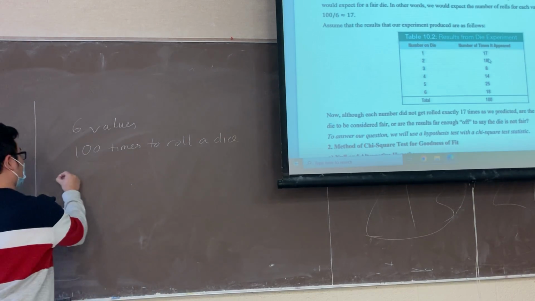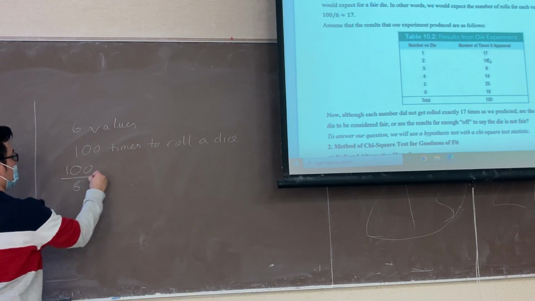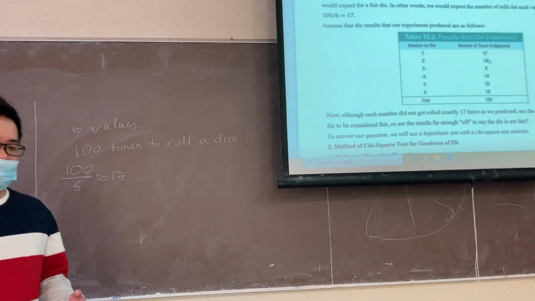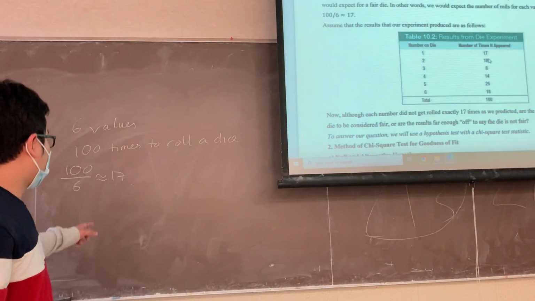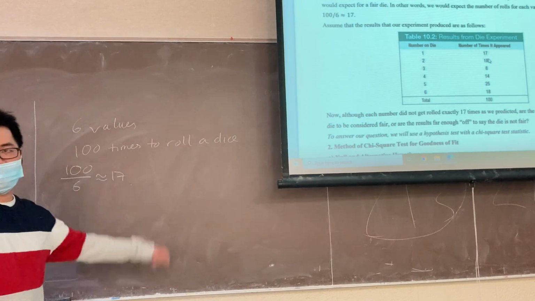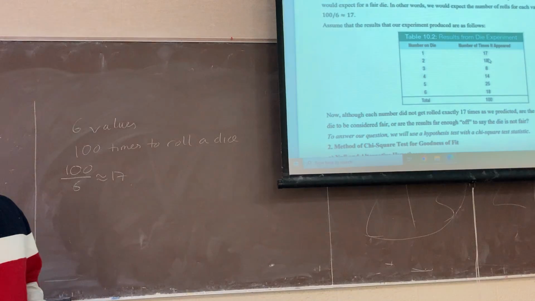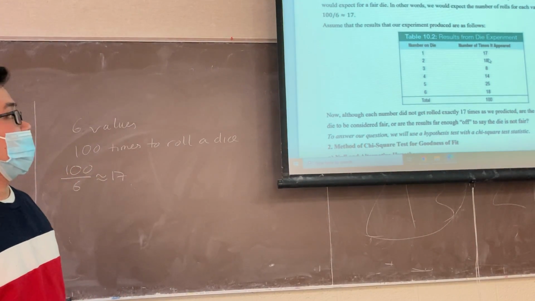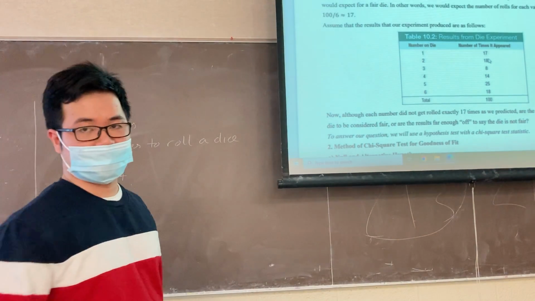I expect 100 divided by 6, approximately 17, for each value, 1, 2, 3, 4, 5, 6. We have 17 times to roll each value, and that's what I expect if the die is actually fair. Okay, but in fact the result in our experiment will not be like this.